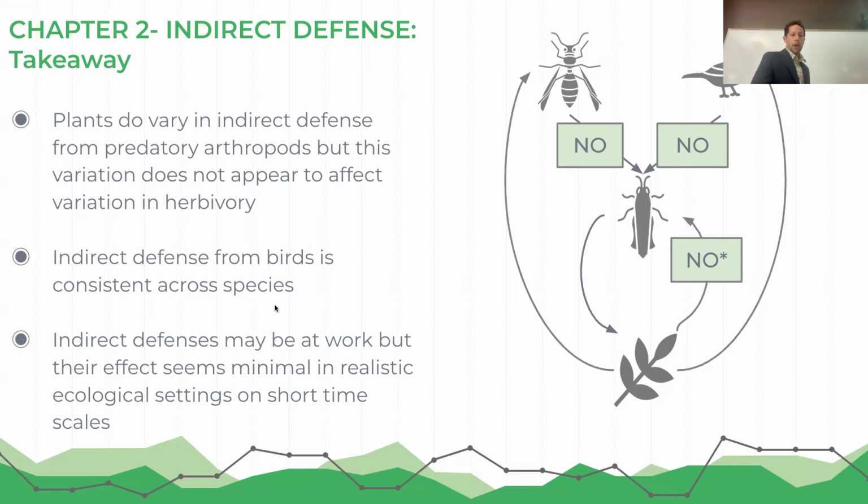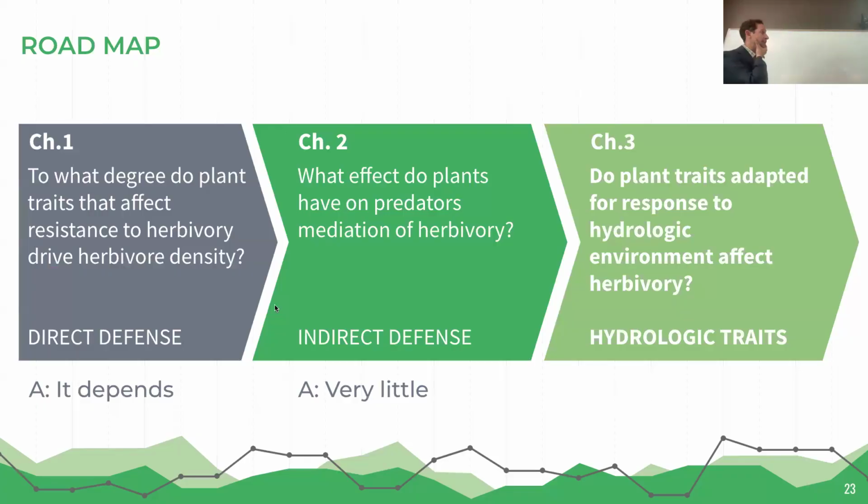All right. After that, we scratched our heads and went, well, what other traits might be involved here? Do plant traits that are adapted for other purposes, in our case responses to the hydrologic environment, affect herbivory, and if so, how?